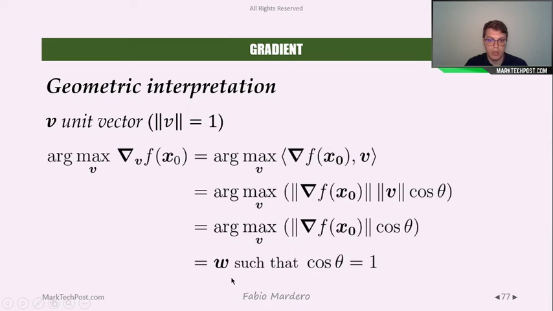So this argmax will be w, the vector such that the cosine of theta is equal to 1, which means that the vector w and the gradient point in the same direction. They are overlapping.